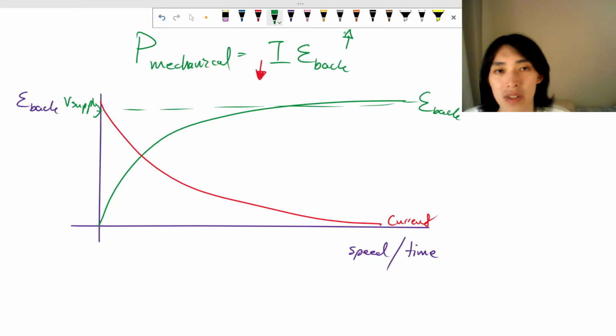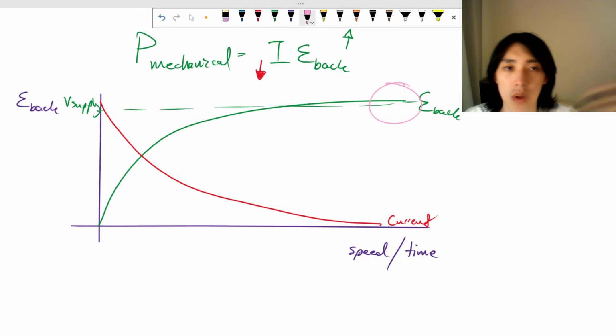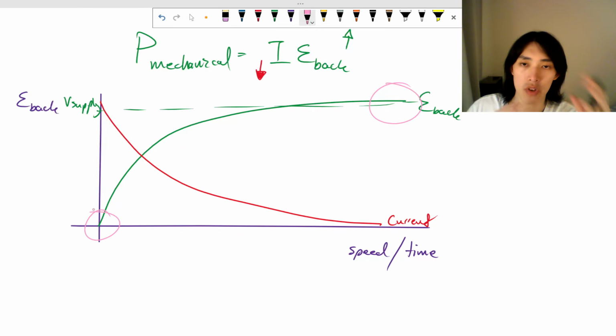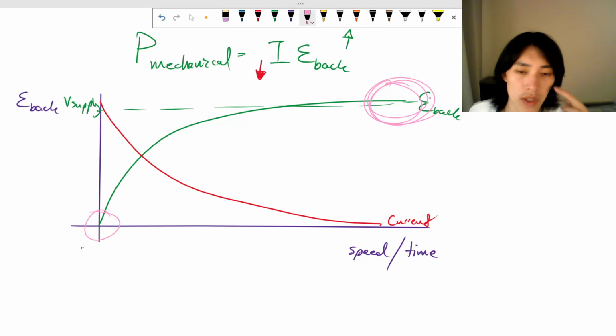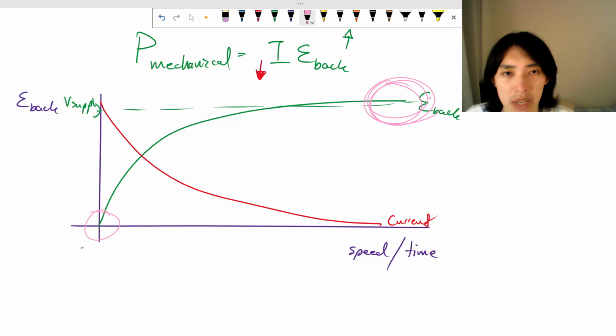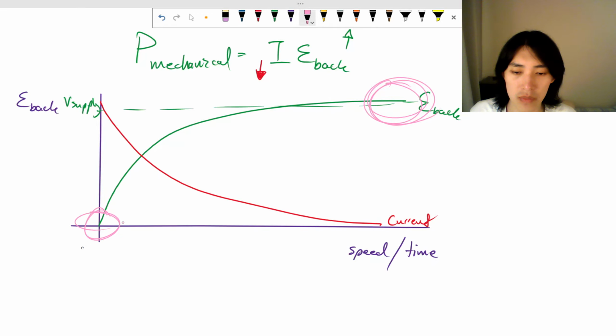And it makes sense because in these two extremes, after a very long time and after a very short time, the motor is not doing very much work at all. Over here, it's spinning around really quickly, but it's not actually doing much mechanical work because it's just spinning at a constant velocity. Similarly here, there's not much energy being expended, it's mostly being wasted as heat.